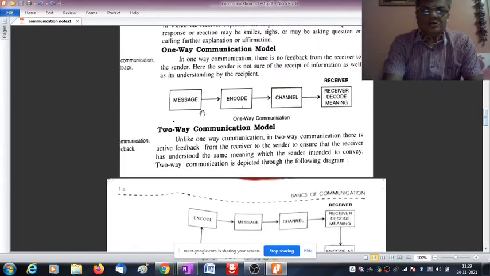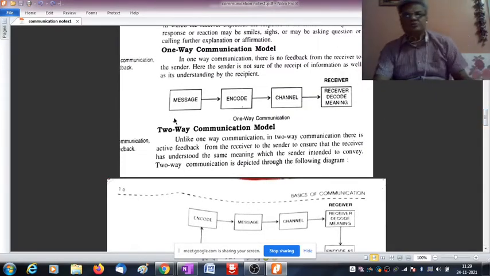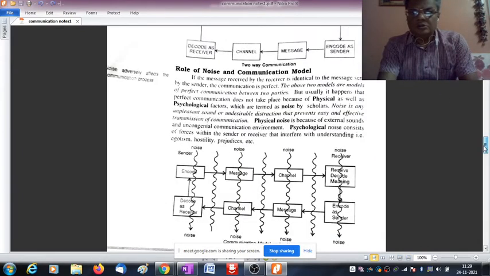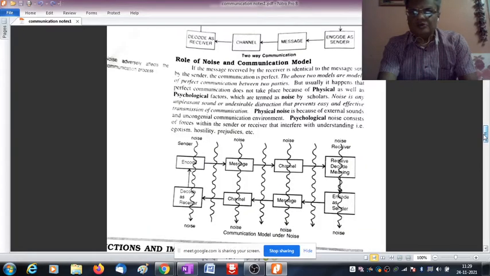You can see, is the screen visible to you? Tell me. Yes, sir. So this is the one-way communication model, meaning message, encoder, channel, receiver. But here the receiver is not giving any feedback. Once the receiver gives feedback, it becomes two-way communication. Just like this, the diagram. You just go through the notes that I posted on the Google Classroom.